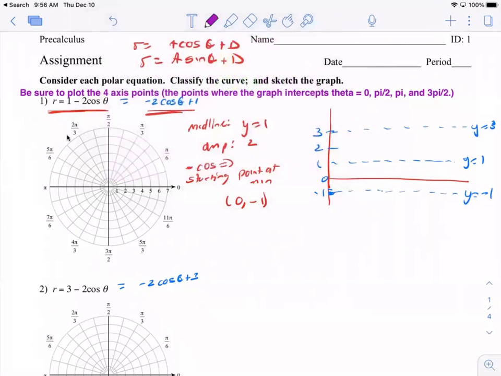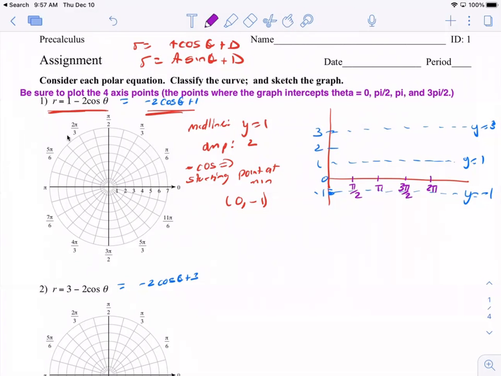I'm going to put a scale on my x-axis. We don't have any period change in this cosine graph, so we're going to have a key point every quarter period, which is every pi over 2. So I'll put tick marks on the x-axis: pi over 2, pi, 3 pi over 2, and 2 pi.